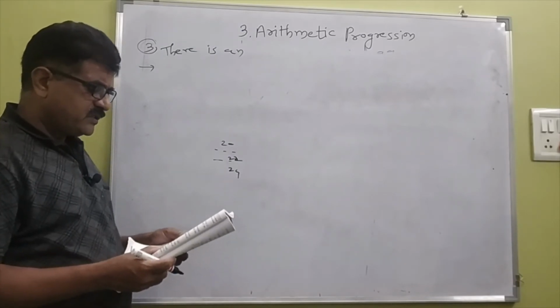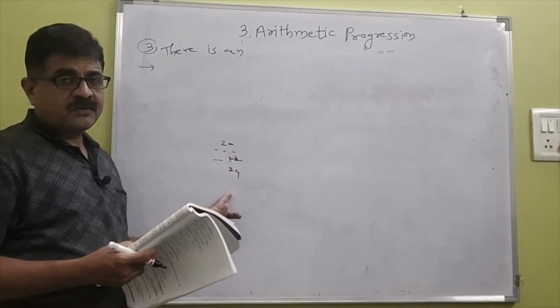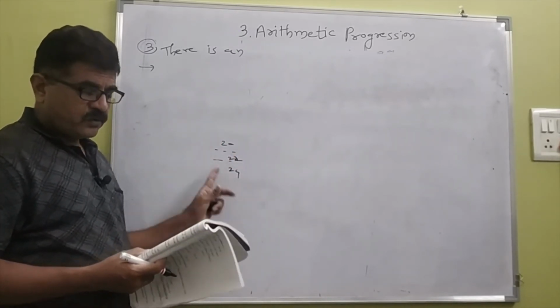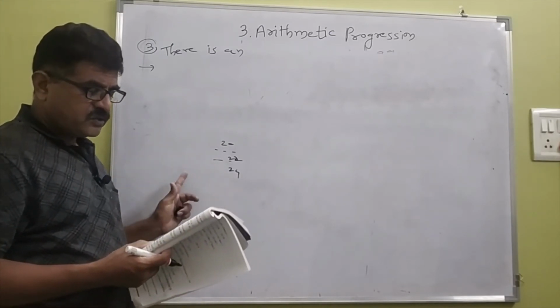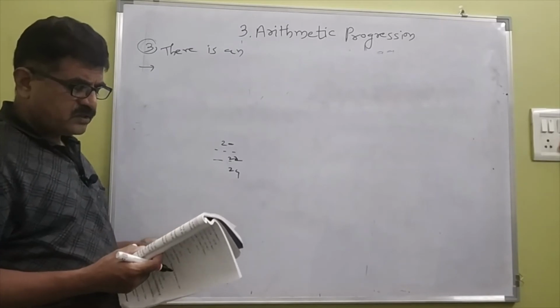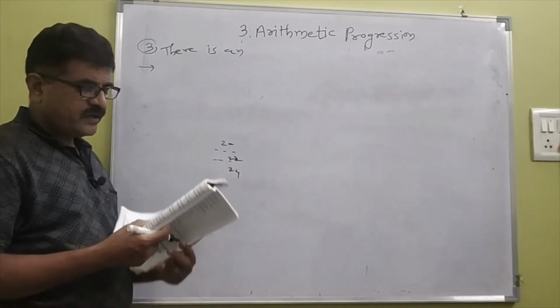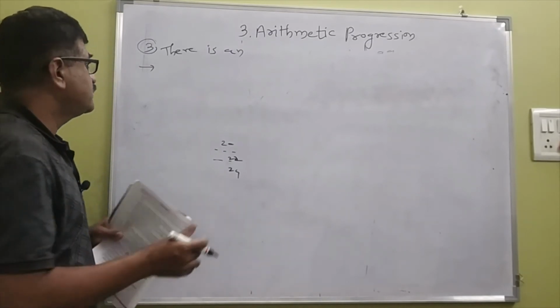Find the number of seats in the 15th row. The total number of rows is 27. We have to find the number of seats in the 15th row, and also find how many total seats there are in the auditorium.